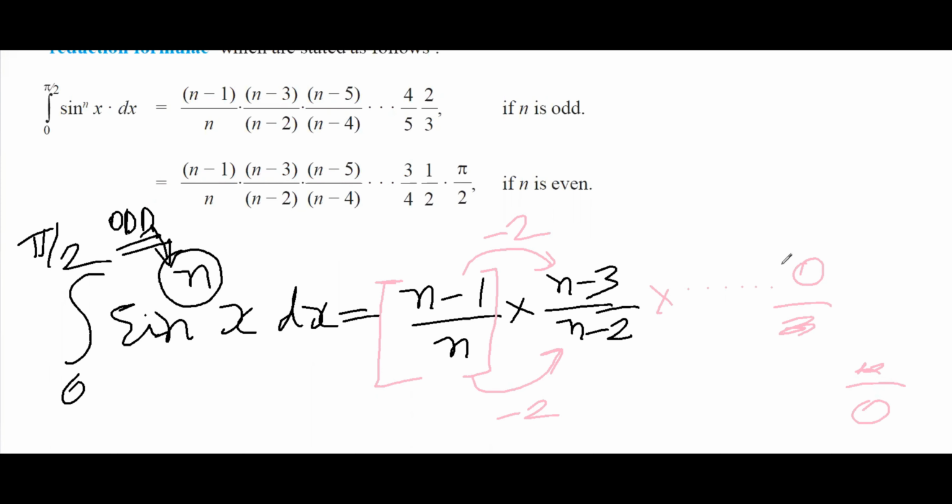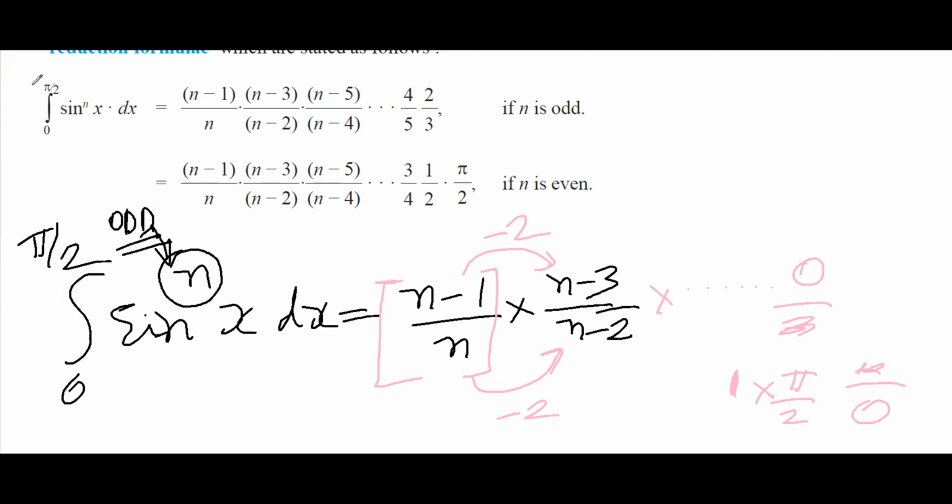If you are getting 0 in the numerator, you will not write pi by 2, and if you are getting 0 in the denominator, you will stop at 1 and then you will write pi by 2. This way I think it is difficult to understand.